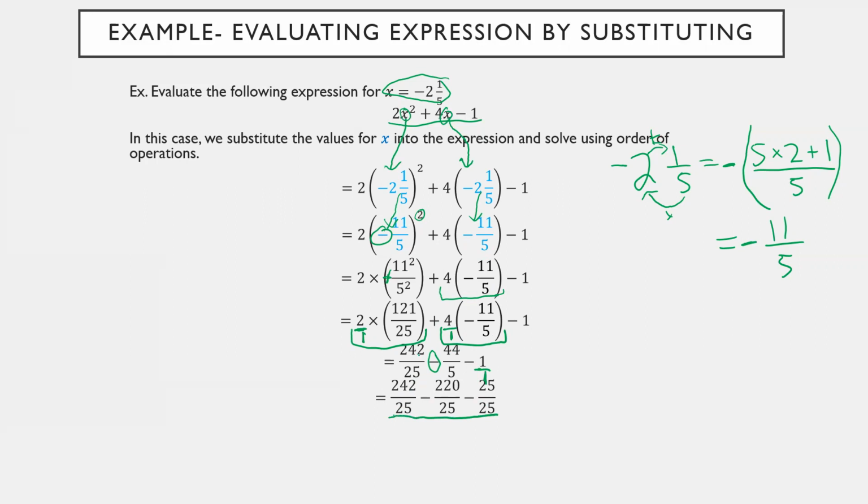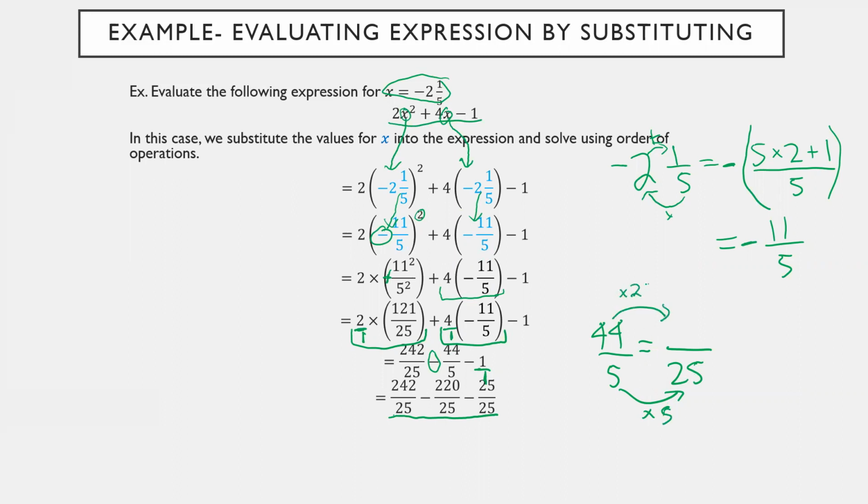So the first one doesn't change at all. 242 over 25 does not change because it already has a common denominator of 25. The 44 over 5, I'm just going to show the work here. To switch it to a common denominator of 25, I multiply 5 by 5 to give me 25. And that means I have to do the same to the numerator.